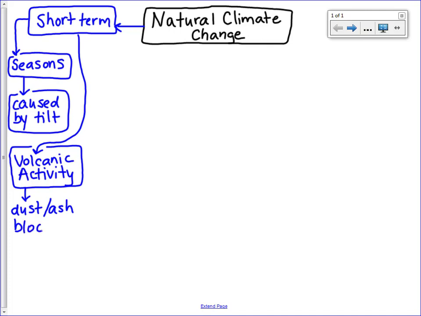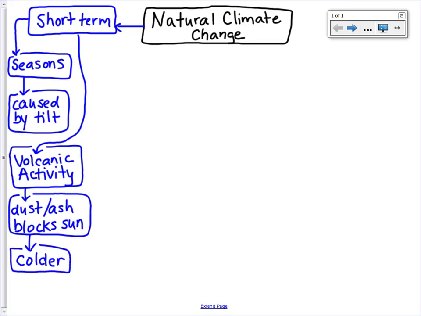Not entirely, of course, but it can decrease the amount of heat that we get from the sun. And if it decreases it enough, then that can change our climate just a little bit and make it colder.